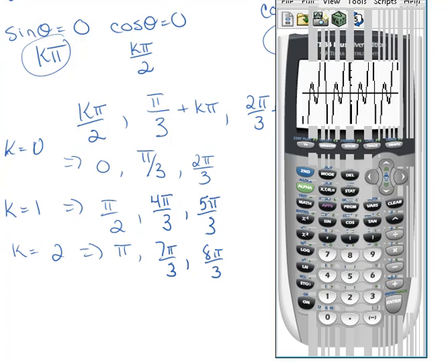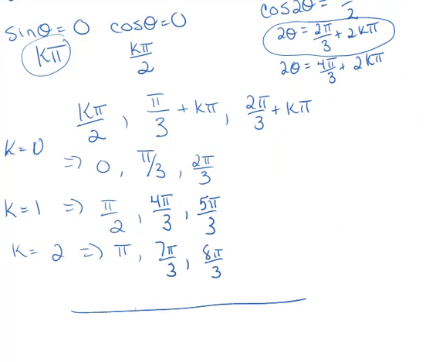So let me put it on a number line here. We've got 0, and then pi over 3, and then pi over 2, and then 2 pi over 3 is the next number. And then the next number after 2 pi over 3 is going to be 4 pi over 3.